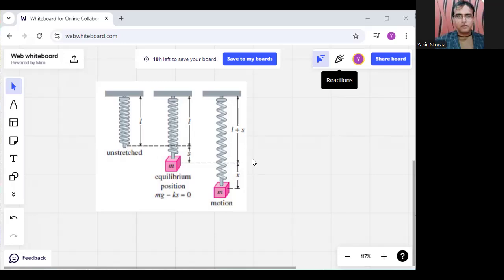In motion, it stretches the spring by the length L, s plus x. Now according to Newton's second law, F is equal to ma, where m is the mass and a is the acceleration.